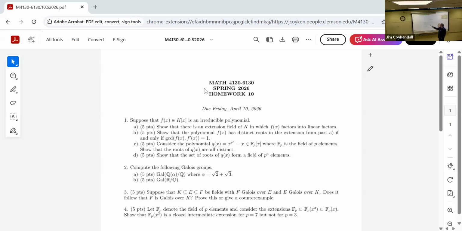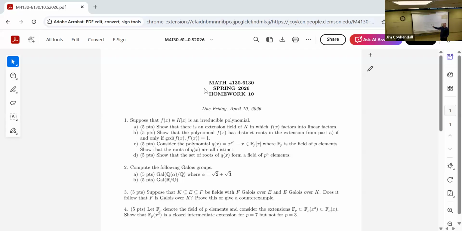Consider this particular polynomial, x to the p to the n power minus x, where p is prime, over F_p, the field of p elements. Show that the roots of this are all distinct. By the way, what's the derivative of this? That's right.